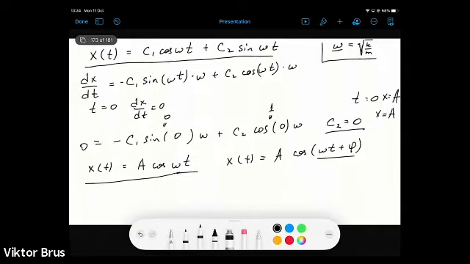So now, once we have the general equation which describes displacement as a function of time, x as a function of t, we can proceed further based on our previous experience with kinematics. We can take the first and second derivative of this equation over time and get expressions for the velocity as a function of time and acceleration as a function of time.